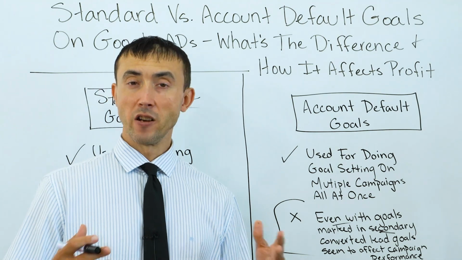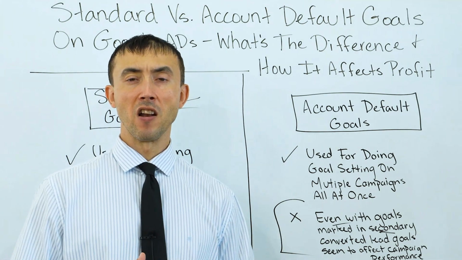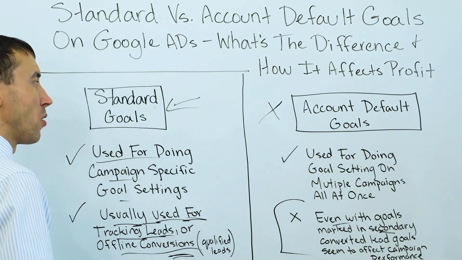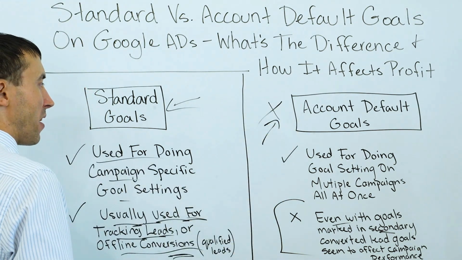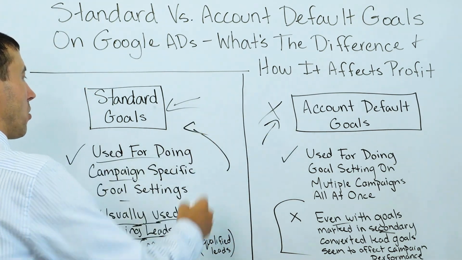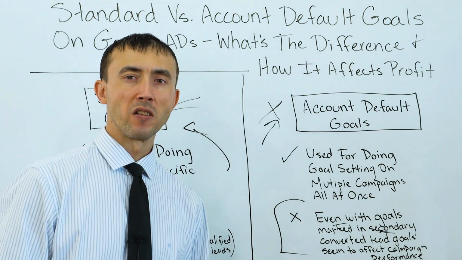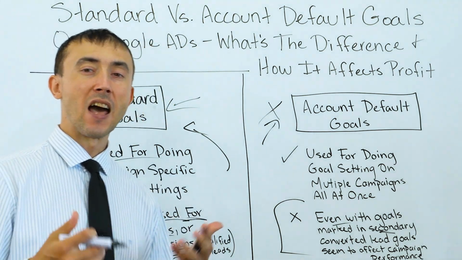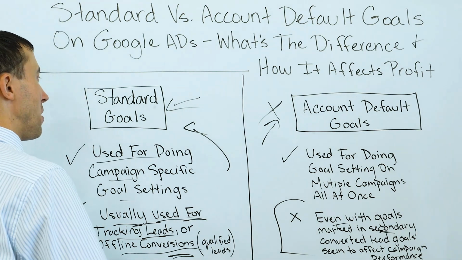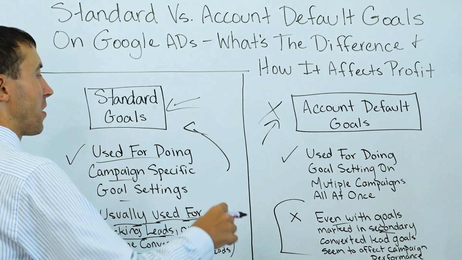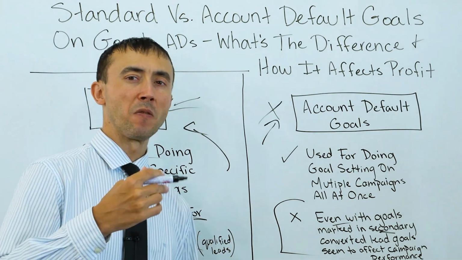Account default goal setting, anytime my goal is marked in primary, to keep this simple, and then standard goals if my goal is also marked in secondary, because they kind of almost overlap in what they do, if you will. The exception being here, different campaigns that need to optimize for different goals.